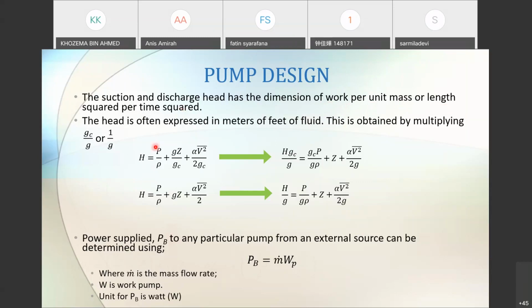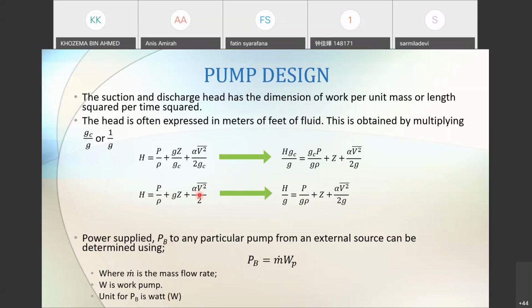So all these terms, P over rho, G times Z, alpha V squared over 2, each and every term here has the unit of length squared per time squared. Now let's take an example. We know that V here is the velocity.